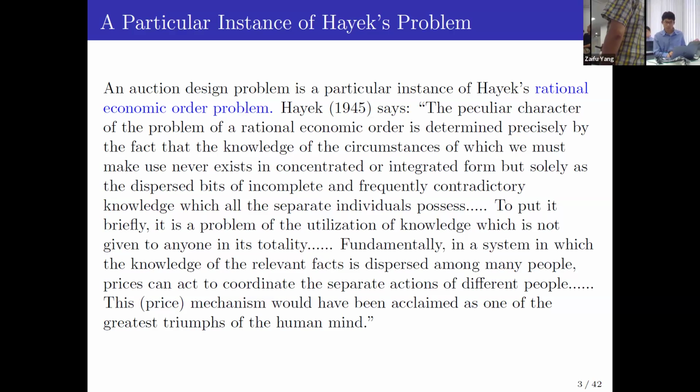He says that the peculiar character of the problem of a rational economic order is determined precisely by the fact that the knowledge of the circumstances of which we must make use never exists in concentrated or integrated form, but solely as the dispersed bits of incomplete and frequently contradictory knowledge which all the separate individuals possess. And to put it briefly, it's a problem of the utilization of knowledge which is not given to anyone in its totality.